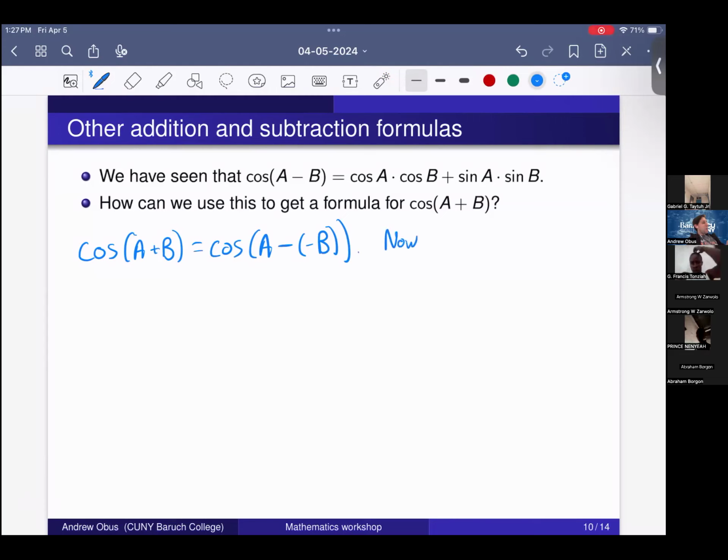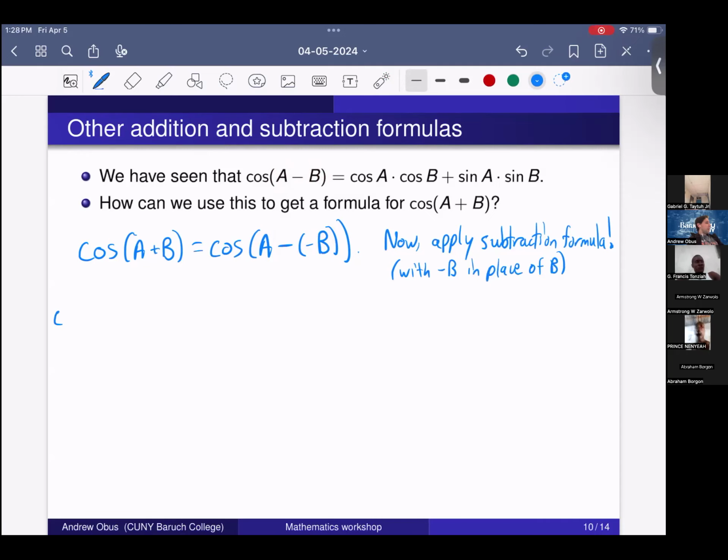And now we can apply the subtraction formula, right? Because we know what we have when we have a minus b. So now I want a minus minus b. So we just plug in this minus b for b in the subtraction formula. So we apply the subtraction formula with minus b in place of b.